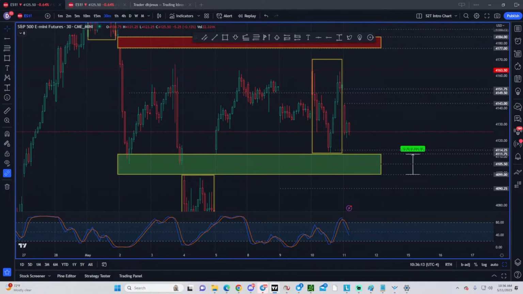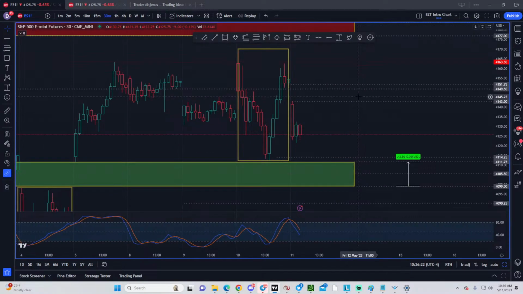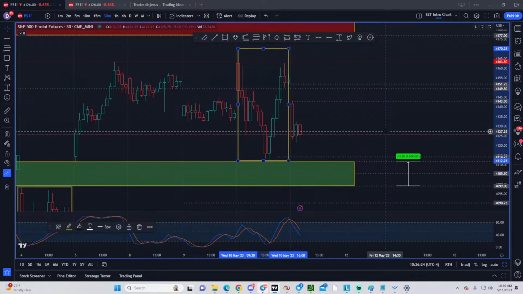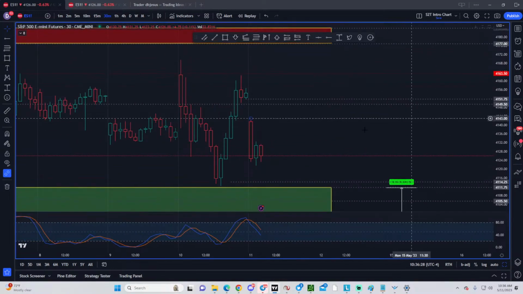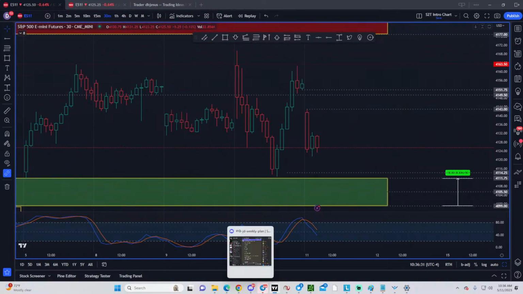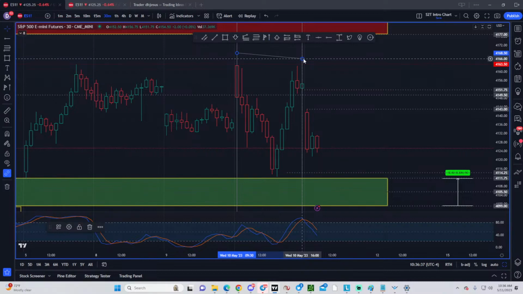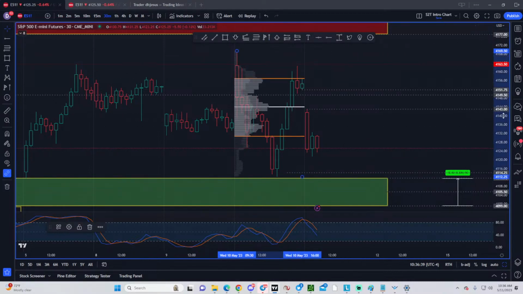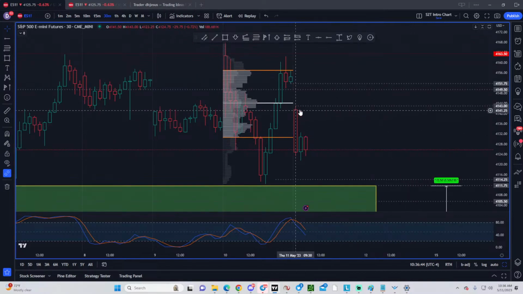I can add my volume profile here so you can see how that looks. This is yesterday's session here. I'm going to show you how a trade setup looks in this. So I'm going to add a volume profile here to yesterday's session. I hope everybody follows me right now. This is the opening price right here.